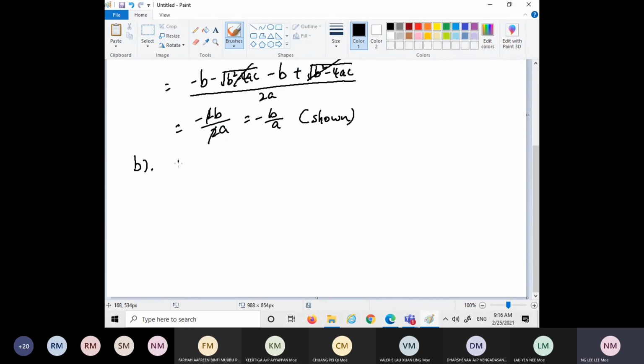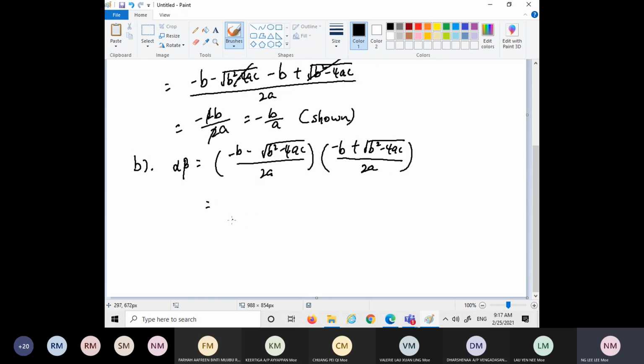So alpha times beta. Same thing. Alpha is negative b minus the square root of b squared minus 4ac, over 2a. This is alpha times beta, and beta is negative b plus the square root of b squared minus 4ac, over 2a.